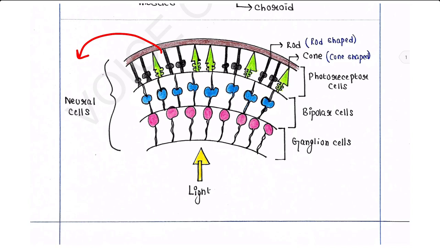Now, photopigments are present here. So, there are some photoreceptor cells, let it be rod or cone. I am zooming one cell here, and this cell contains photopigments.